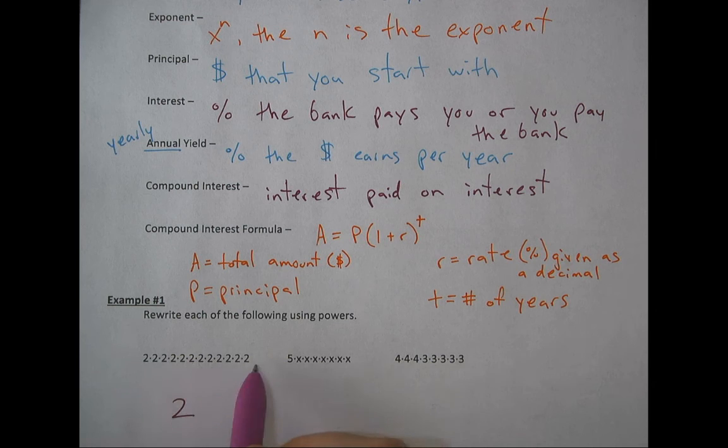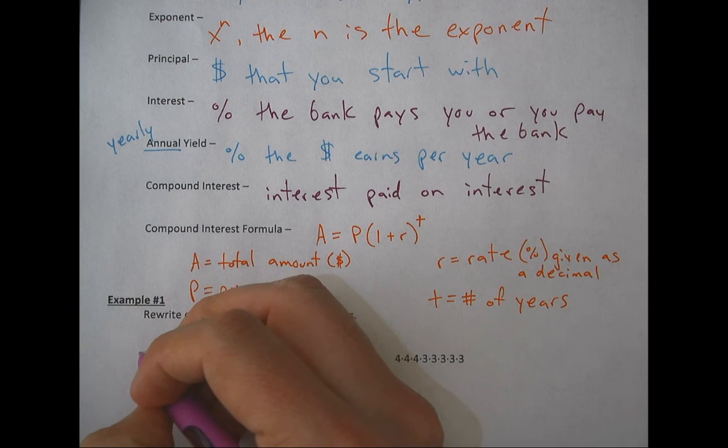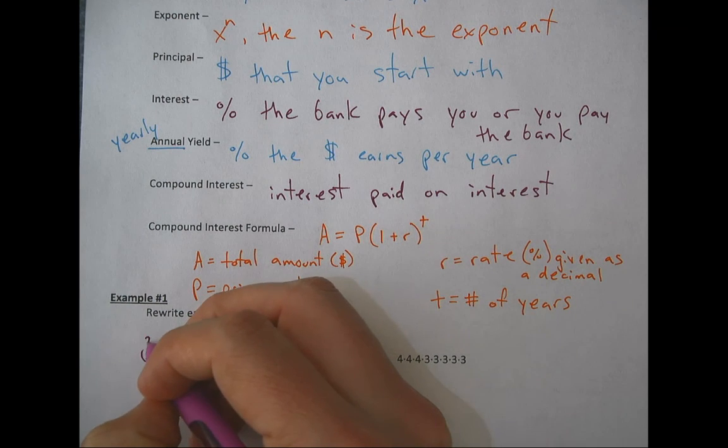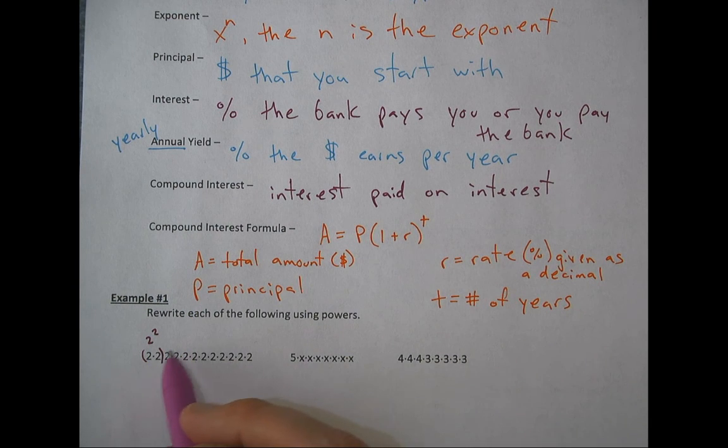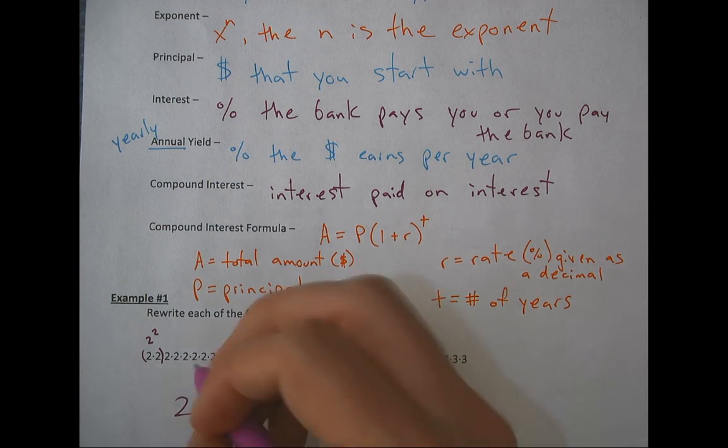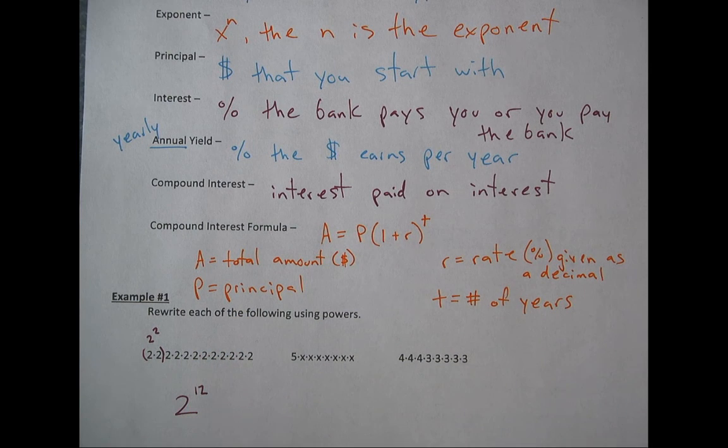So it's how many times it's being multiplied here. So 2 times 2, where you see it twice, that's 2 squared. And if it was 3 times, 3 2s, that'd be 2 to the third. And so when you count this up, it's 2 to the 12th.